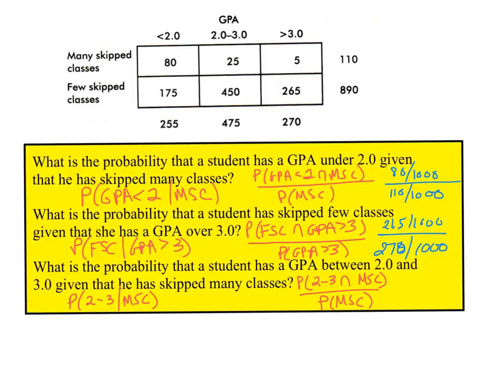So the probability of 2 to 3 and many skipped classes, this is the 25 out of 1,000. And the many skipped classes was the 110 out of 1,000.